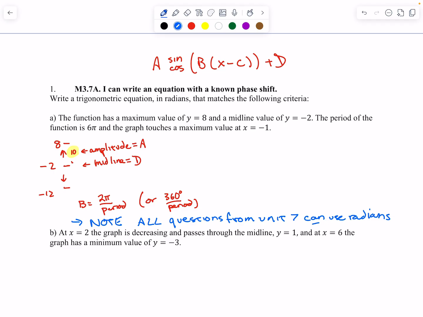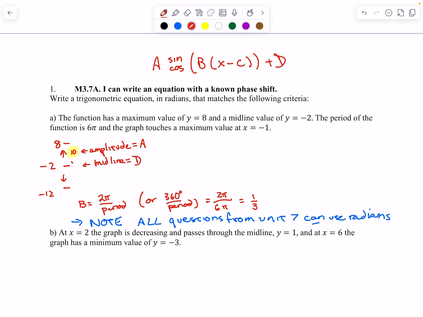So just be aware, if you just use 2 pi, it's safe up until the Unit 8 stuff when they start talking about degrees. So 2 pi over the period is going to be 2 pi over 6 pi, since it says what the period is.